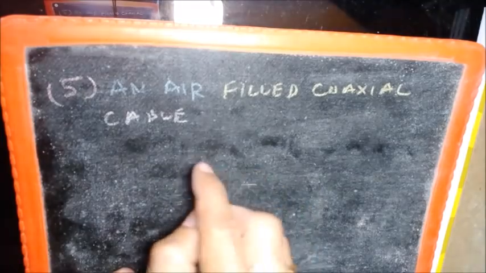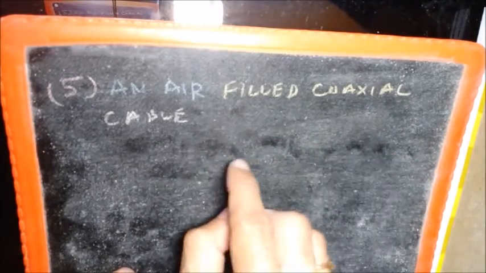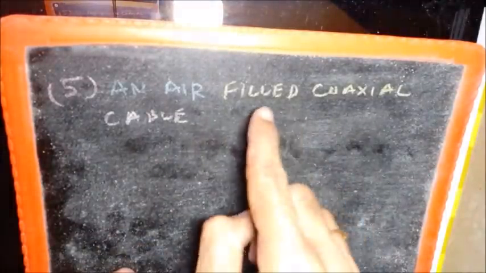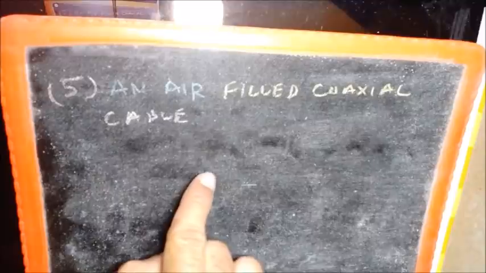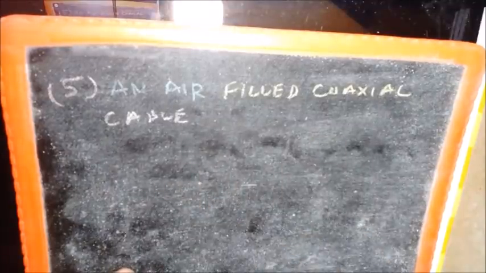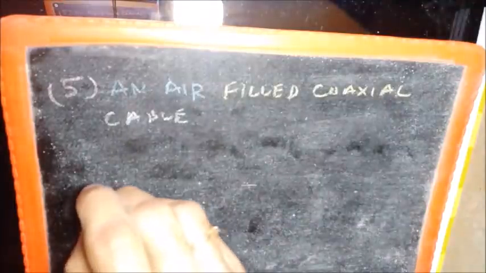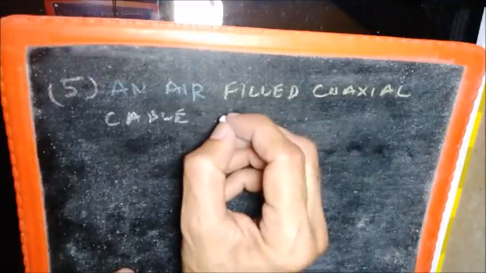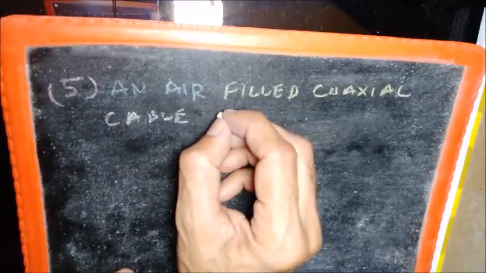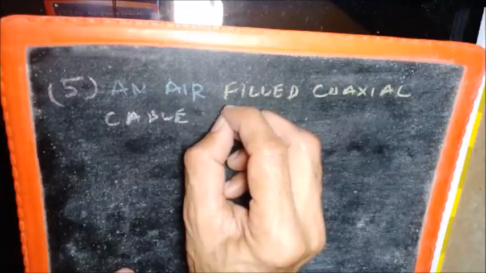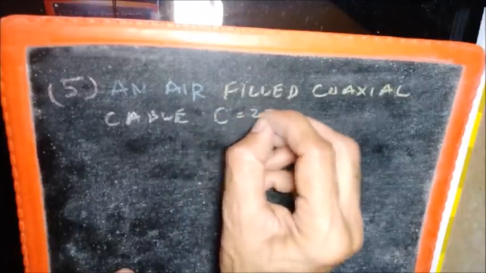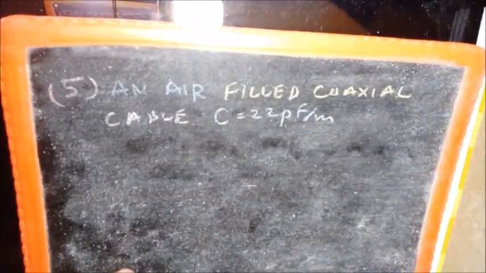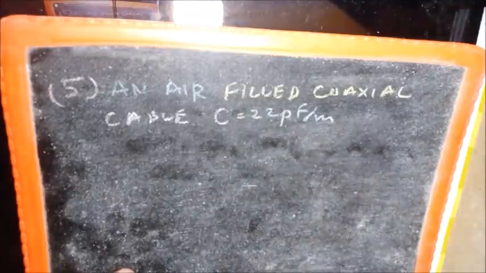Remember, a coaxial cable has a conductor within a cylindrical outer casing, and air filled means the dielectric between the inner conductor and the outer cylindrical casing is air, free space. So an air filled coaxial cable made up of copper is to have a capacitance of 22 picofarad per meter.